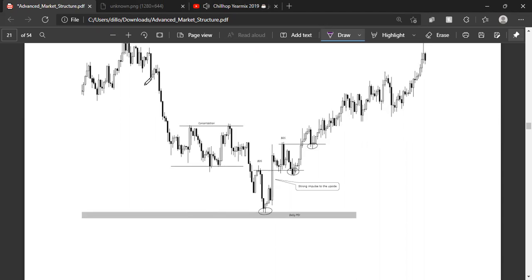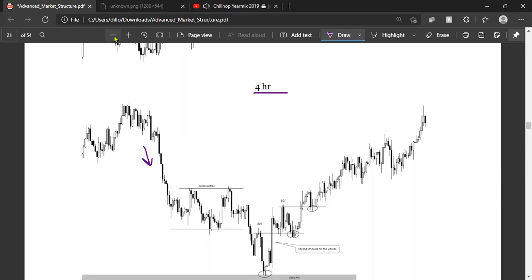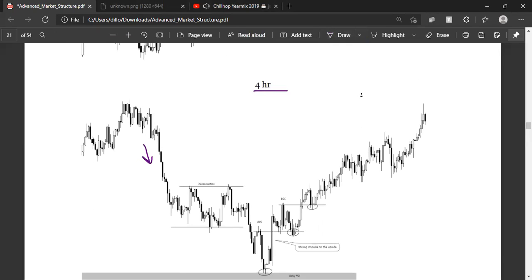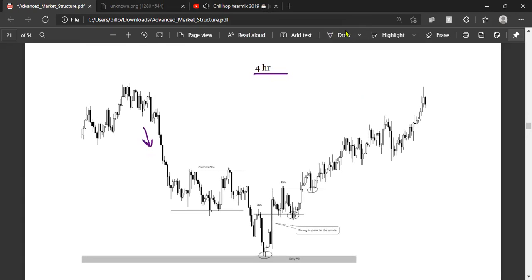Prices heading towards that point of interest, right? There we go. So prices heading towards our point of interest. And look what happens along the way, right? So we get some indecision, right?